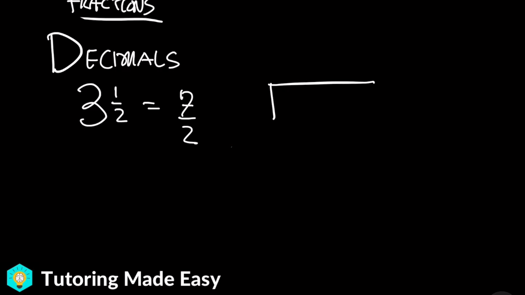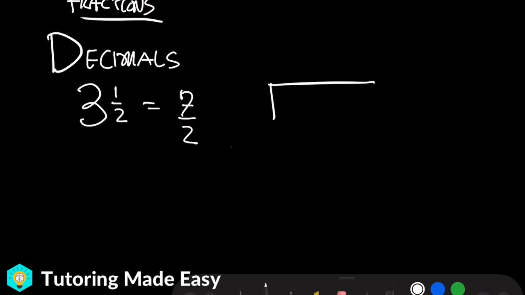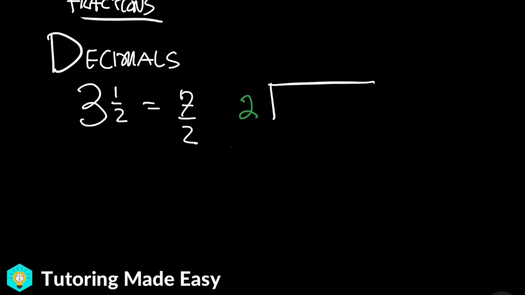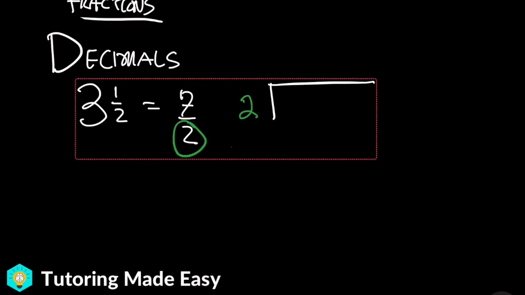We're going to have our 2 here because that's what is doing the division. This is the divisor. This is what is dividing. And then we also have our 7 inside. So our divisor is outside and our numerator is inside.